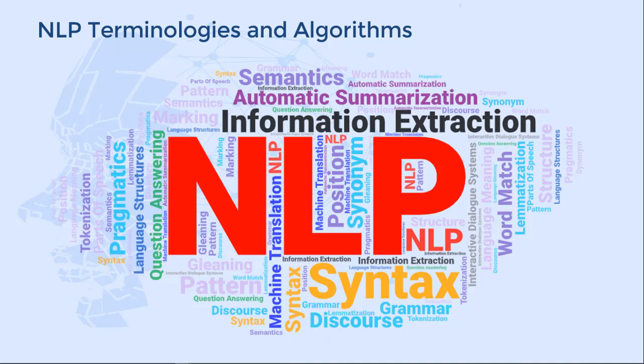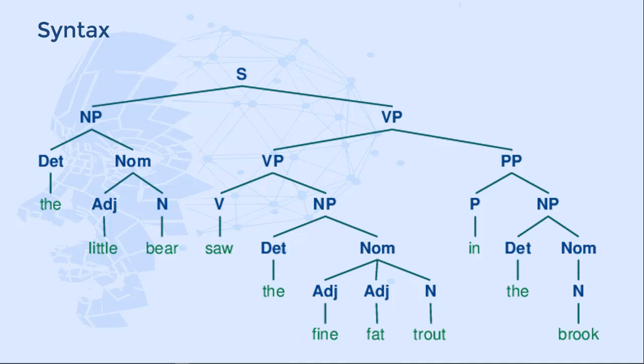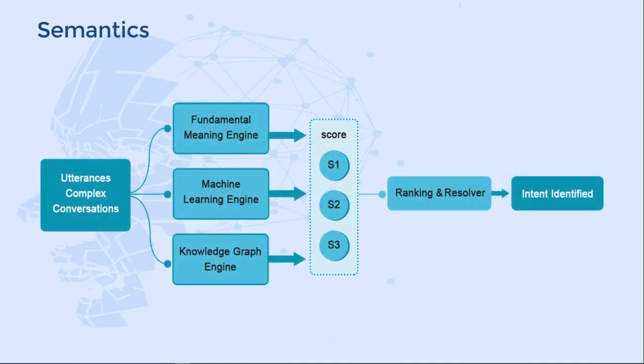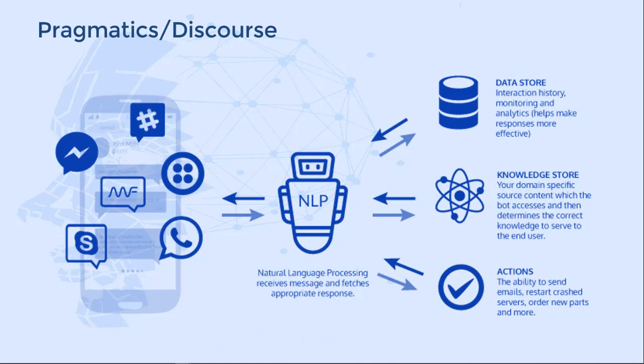This course covers knowledge-based and statistical approaches to language processing for syntax or language structures, semantics or language meaning, and pragmatics or discourse for the interpretation of languages in context.